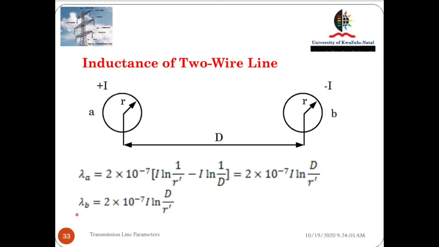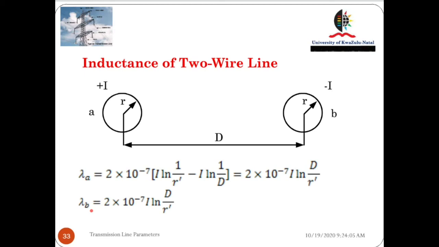Lambda B over I is also the same. So lambda A over I and lambda B over I are the inductance of each conductor, and they are the same because they carry the same current, have the same radius R, and are separated from each other by a distance of D.